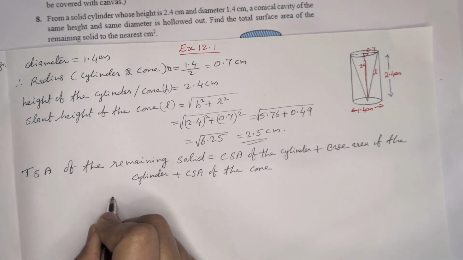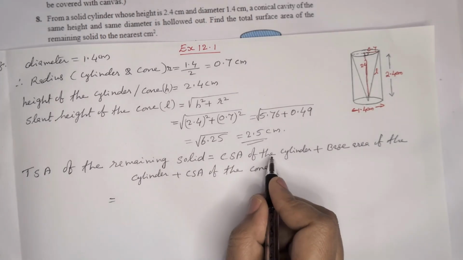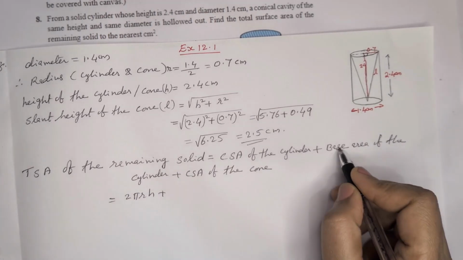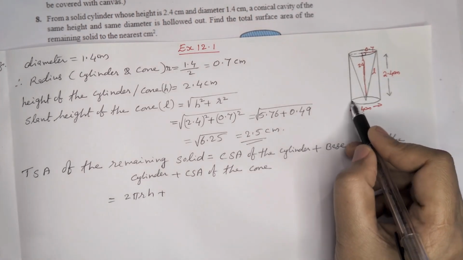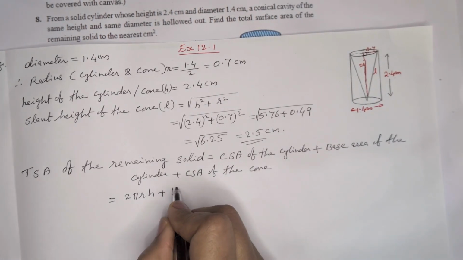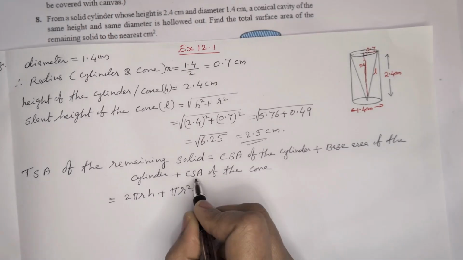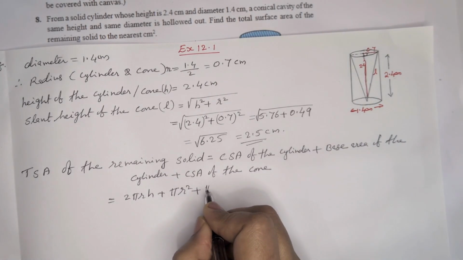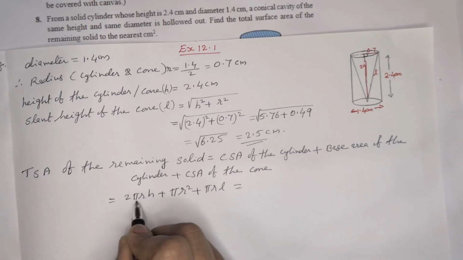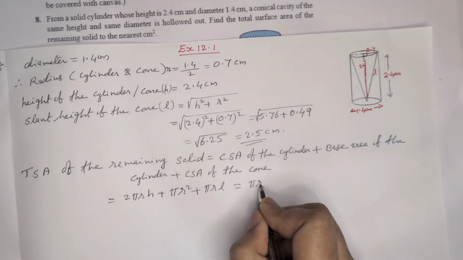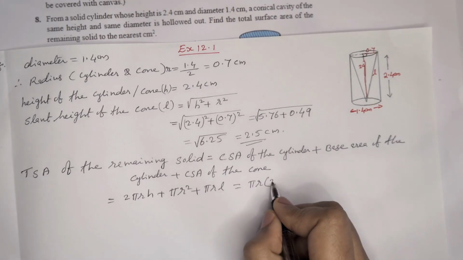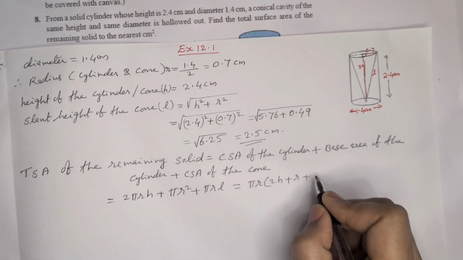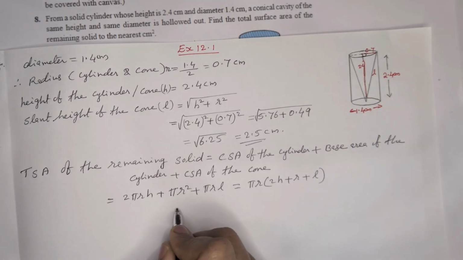We can write that is equal to curved surface area of the cylinder is 2 pi r h plus base area of the cylinder, that means this circle, pi r square, plus curved surface area of the cone, inside the cone, that is pi r L. From here we can take pi r as common, and here 2h plus here 1 r and here L. We can put the values for each.